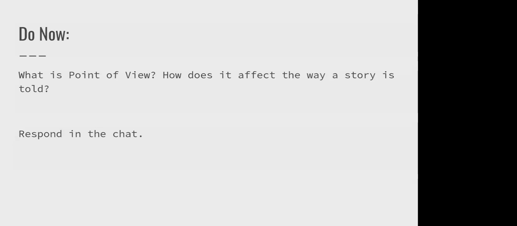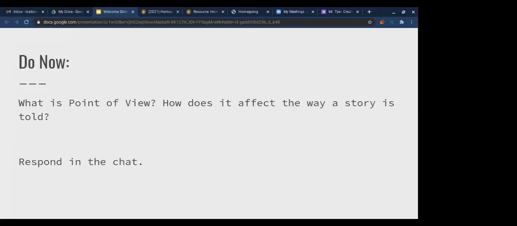What is it, and how might that affect the way a story is told? Any thoughts on this? Please put them in the chat if you have them. I know some of you may be typing still, so I apologize if I am assuming nobody's answering.